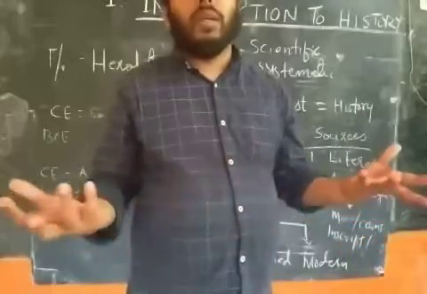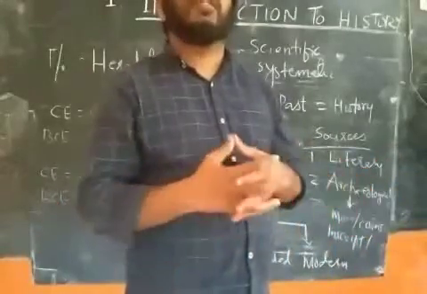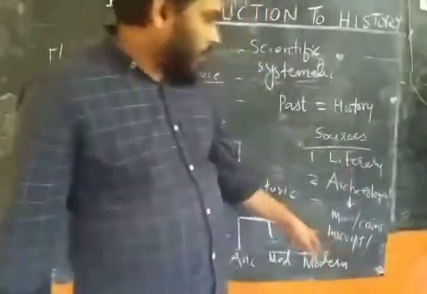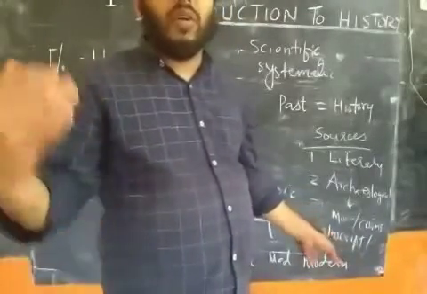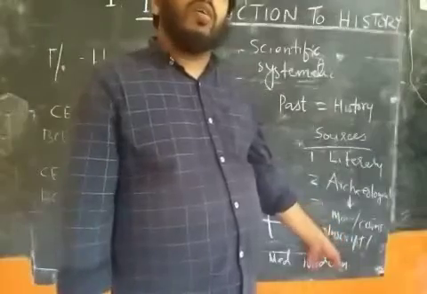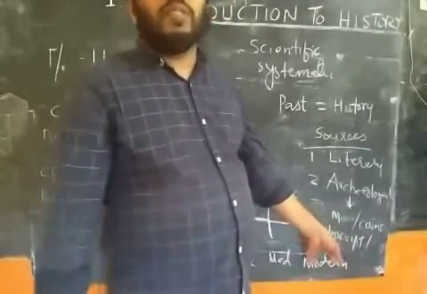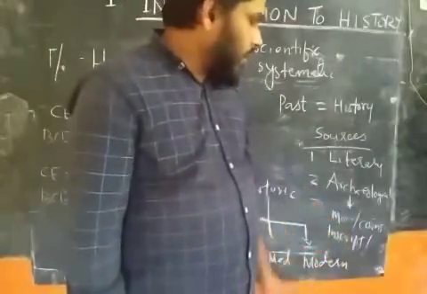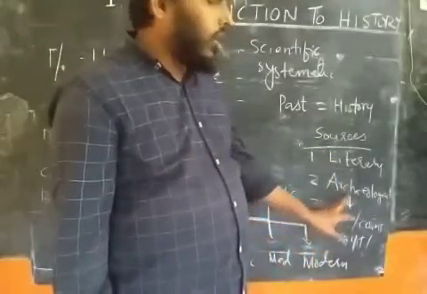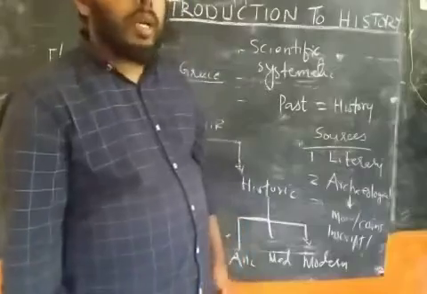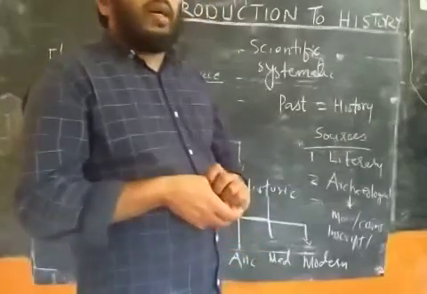Copper, iron and similar metals are also used. And inscriptions, things written on the walls of caves or on palm leaves, are known as inscriptions. So these are the archaeological sources for studying history.